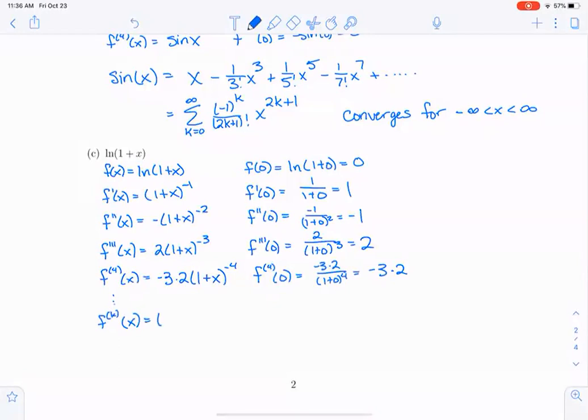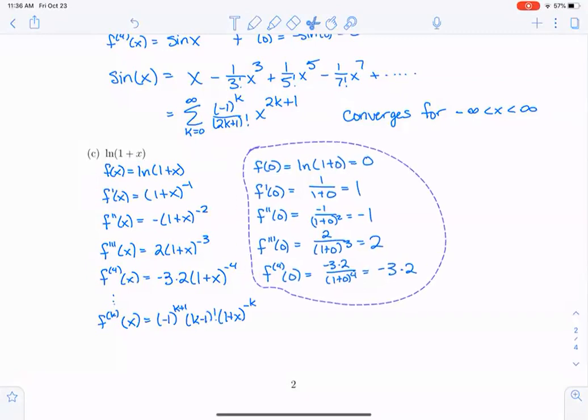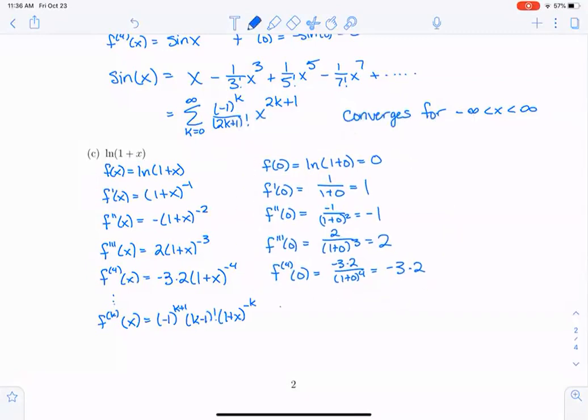So the kth derivative at x is going to be negative 1 to the k plus 1 times k minus 1 factorial, times 1 plus x to the negative k. And so if I'm looking at that kth derivative at 0, it's going to be negative 1 to the k plus 1 times k minus 1 factorial.